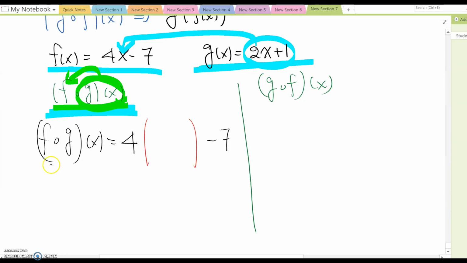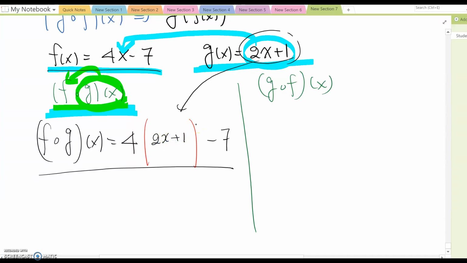Again, the reason we have this form is that f open dot g(x) will follow the f(x) format. Now you're plugging this into here.